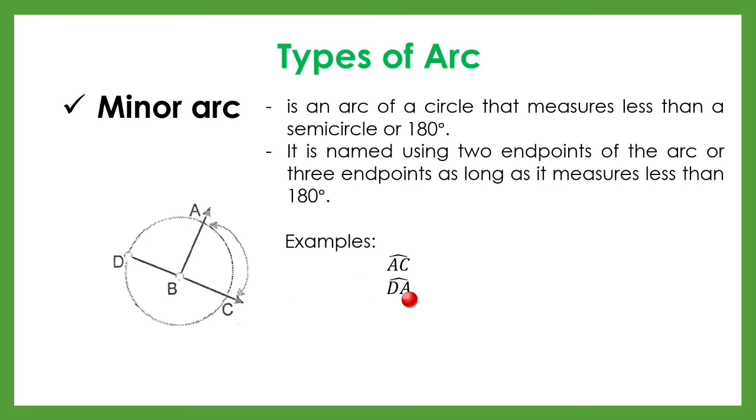Another example is arc DA. Ito, arc DA or arc AD. Bakit ang arc CD ay hindi minor arc? This is semicircle. It measures 180 degrees. Basta tandaan, ang minor arc ay less than 180 degrees.